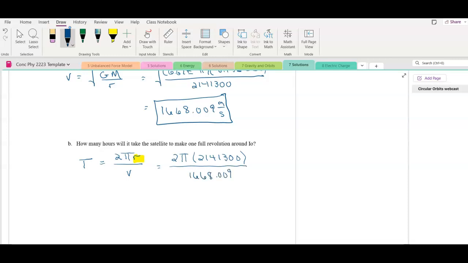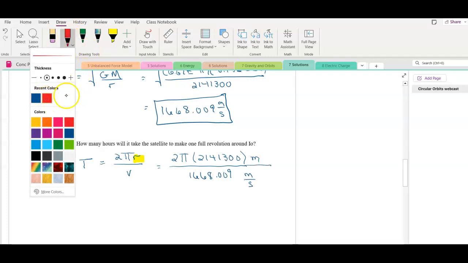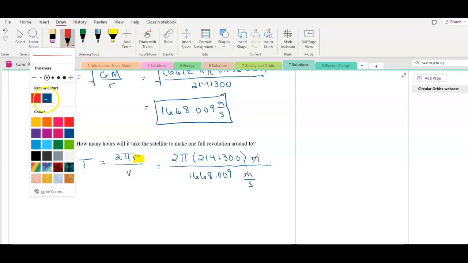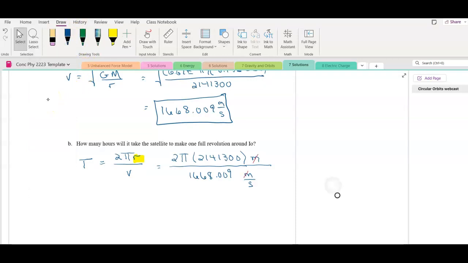So here I'm going to have meters, and here I'm going to have meters per second. And so what's going to happen is that the meters will cancel, and this will give me my period in seconds. So let's get that.